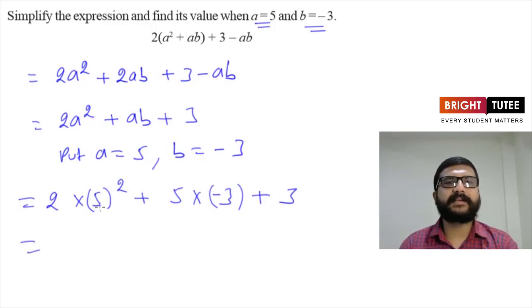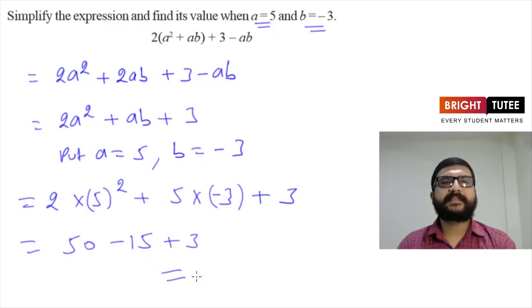Now let's simplify it. 5 square is 25. 25 into 2 is 50. Then 5 into minus 3, this will be minus 15 and then plus 3. Now 50 minus 15, this is 35. 35 plus 3, this will be 38. So value of this expression at a equal to 5 and b equal to minus 3 is 38.